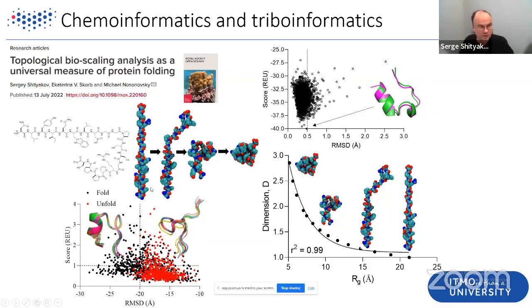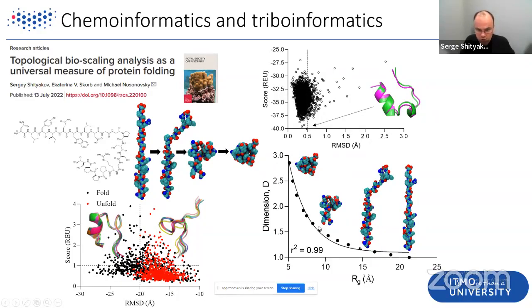As you can see here in our current publication, which deals with topological bioscaling analysis as a universal measure of protein folding. In this paper, we were trying to understand how an unfolded structure will go through different transition states and reach the complete folding.